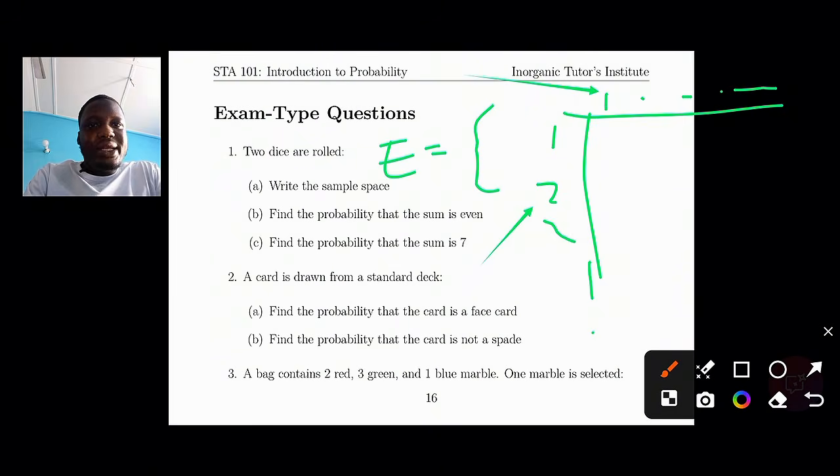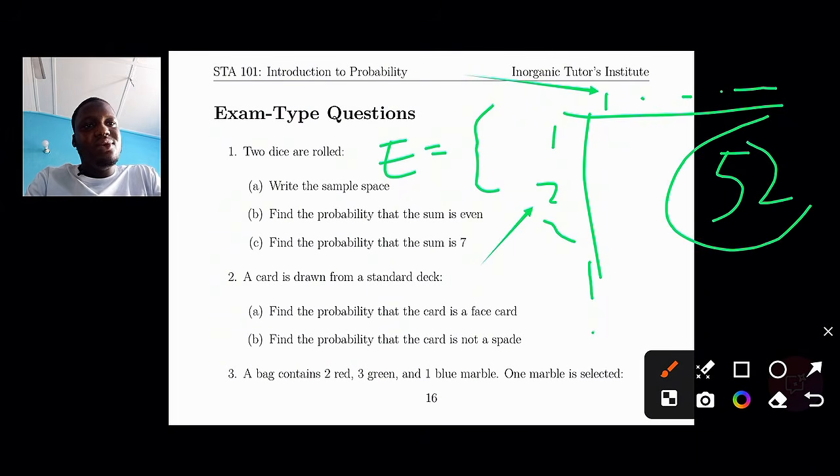Now, a card is drawn from a standard deck. So a standard deck card, like the playing cards, has 52 cards in it. Keep this in mind. You might not be told in an exam. So a standard deck or a deck of cards has 52 cards in it. Okay. So find the probability that the card is a face card.